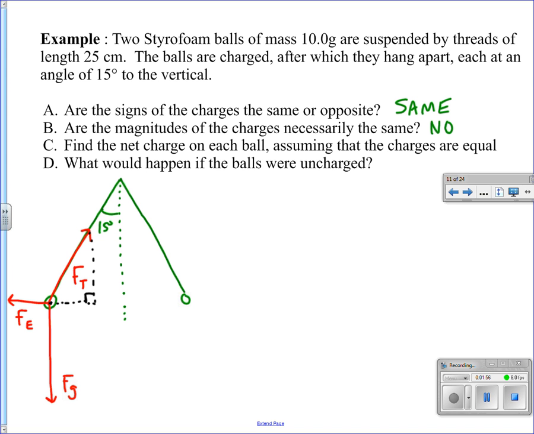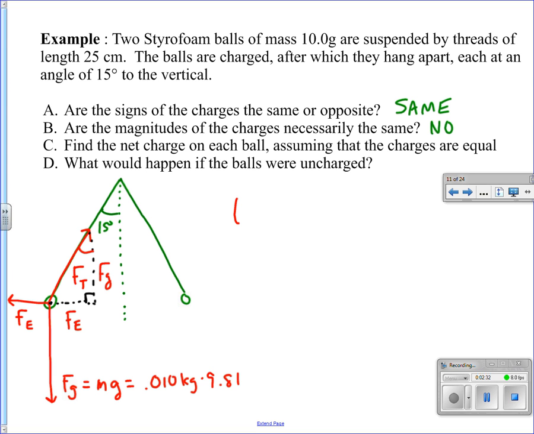Okay, so now we're going to try to solve this. They've told us that the mass is 10 grams. So the force of gravity must be the mass times 9.81. That's 0.010 kilograms times 9.81. And what else do we know? We know that the angle is 15 degrees here. So the magnitude of FE is our horizontal component, and FG is our vertical component.